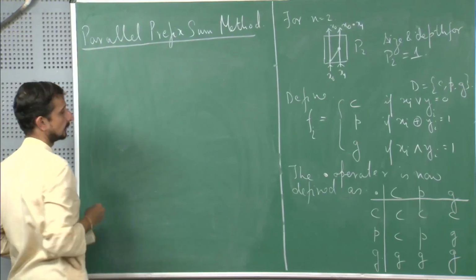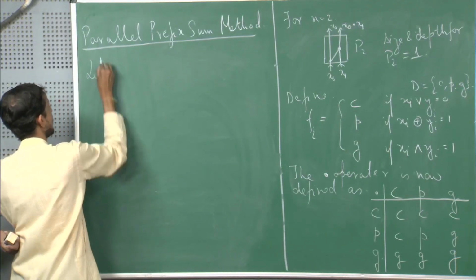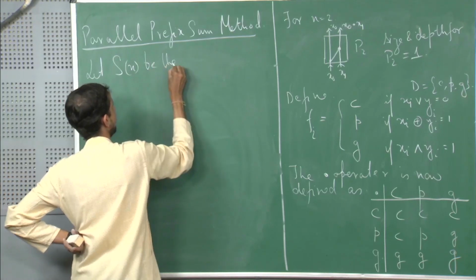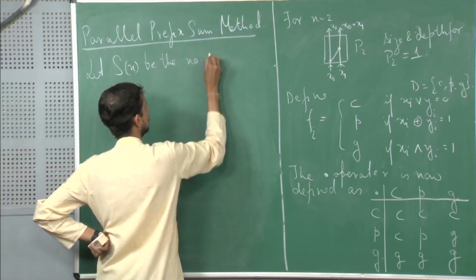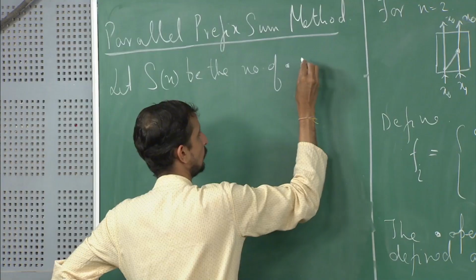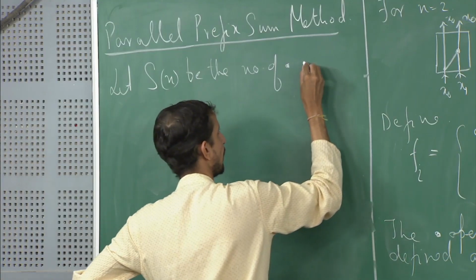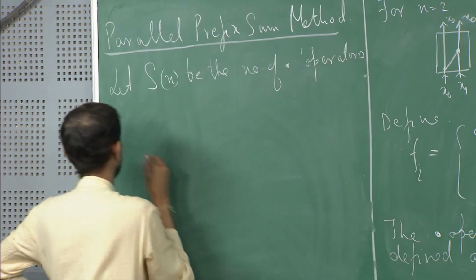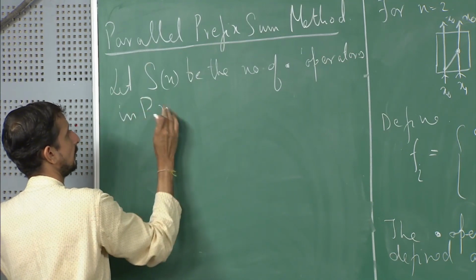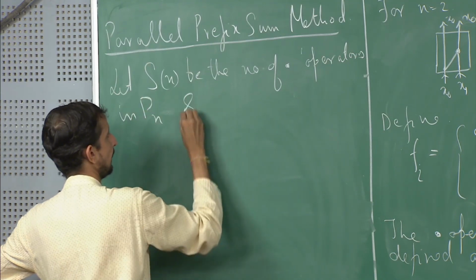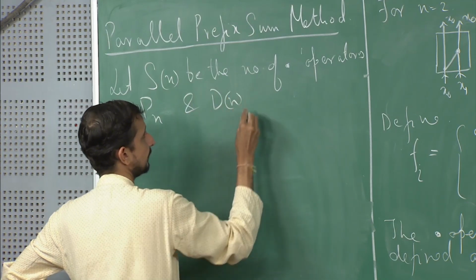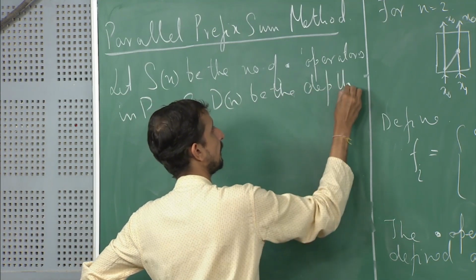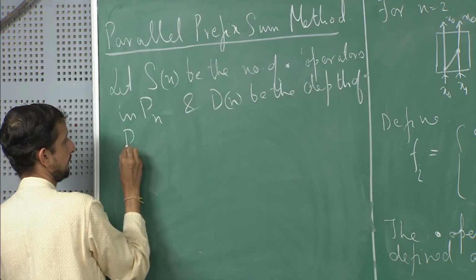Let S of n be the number of dot operators in the circuit Pn, and d of n be the depth of Pn.